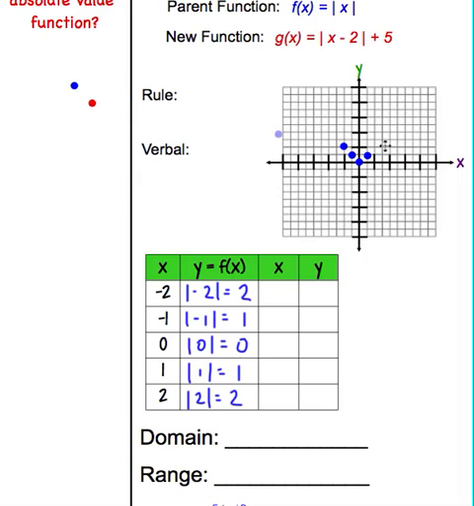And 2, 2. So I've got now my absolute value function, which is specifically V-shaped.